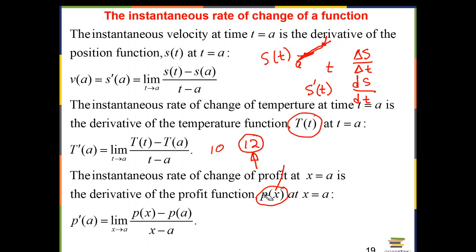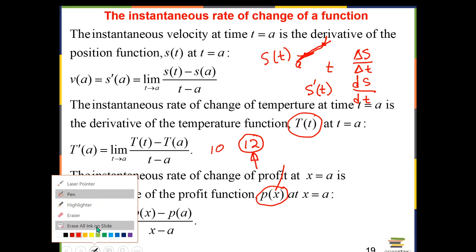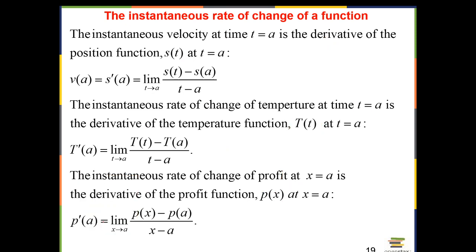So P prime would be the rate of making profit at the level of this many products sold. So let's say if you're selling 1,000 products, at that level, what is the rate of profit? Increasing or sometimes decreasing. And so these are some applications of this idea of instantaneous rate.